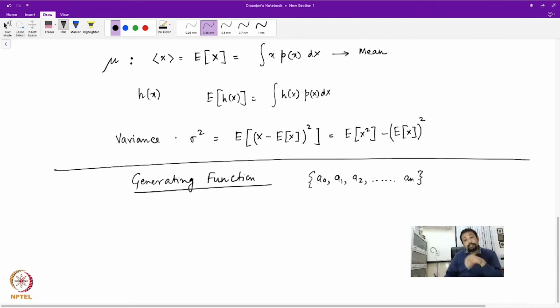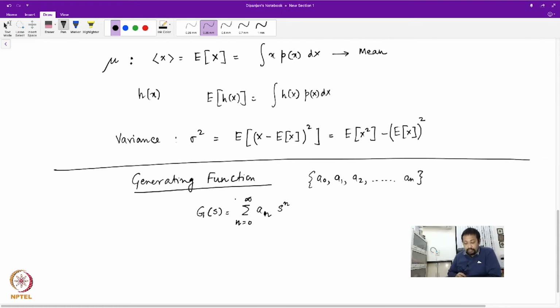there is an alternative way. All of this, this sequence, stores some kind of information, right? There is yet another alternative way of storing this information, in the sense one defines a function g(s) as the sum over n of a_n s to the power n, right? So let's say we will now sum over n equal to 0 to infinity.